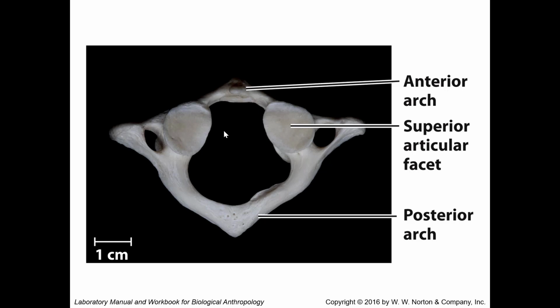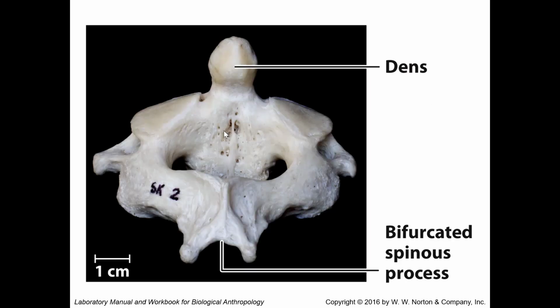Right, so the C2 then. C1, here's C2. C2 is called the axis, right, so you have your atlas and our axis. The axis has a small body with a perpendicular structure called the odontoid process, or the dens, right here. This extends superiorly, so it goes upwards, and this acts as the pivot on which the atlas will rotate.